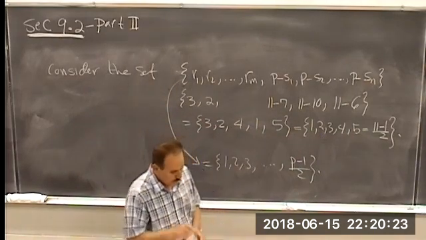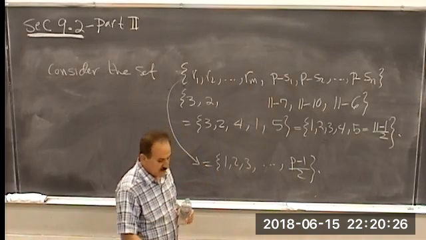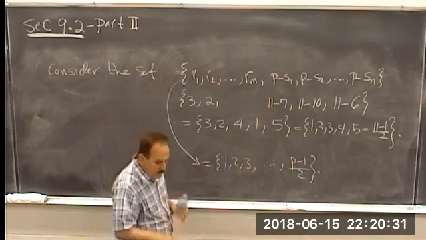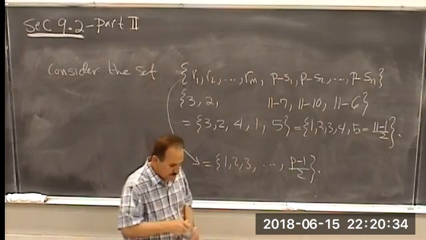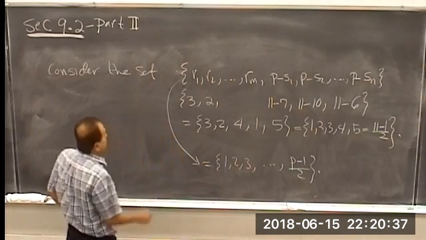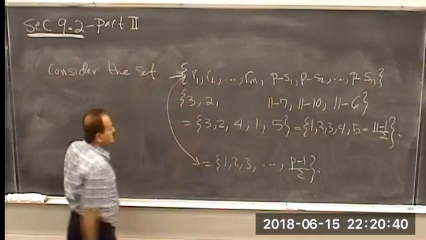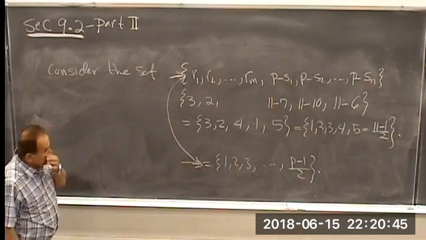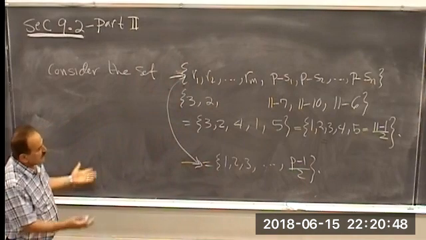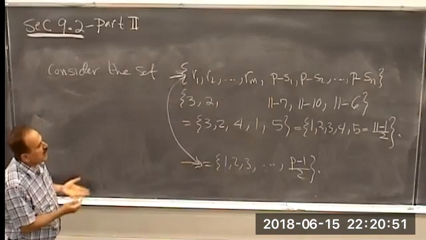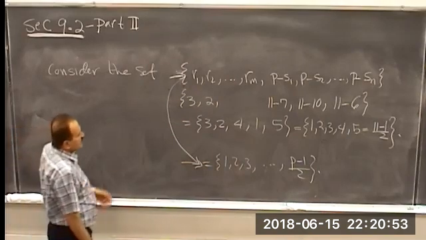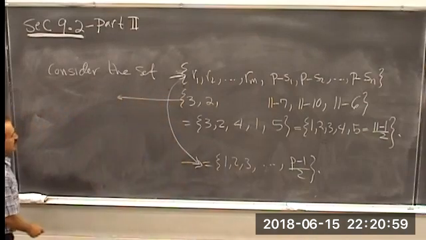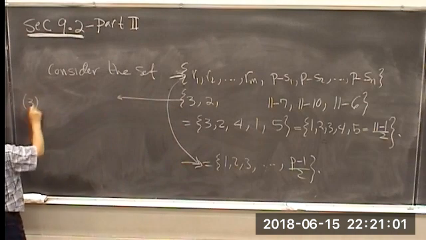Now, we're going to take the product of these elements in two ways. We're going to take the product of these and the product in general of what these are equal to, and they're going to be congruent to each other mod, of course, P. In our case, we're going to be considering this set, and we're going to take the product of these elements, 3 times 2 as is.